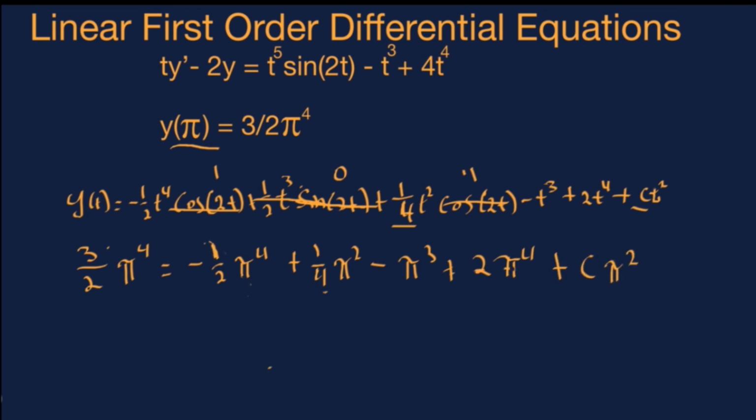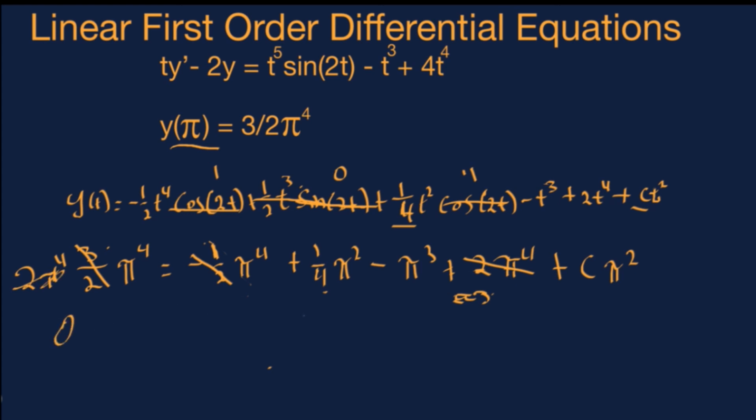So now it's just a matter of solving for c. So we can add half pi to the 4th to both sides, and that will give us 4/2 pi to the 4th or just 2 pi to the 4th, and we can subtract 2 pi to the 4th power from both sides, and that will actually give us 0.